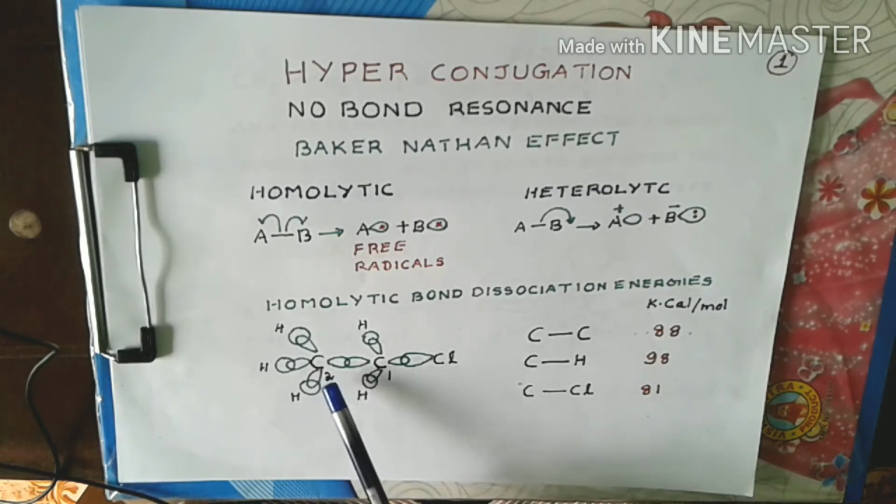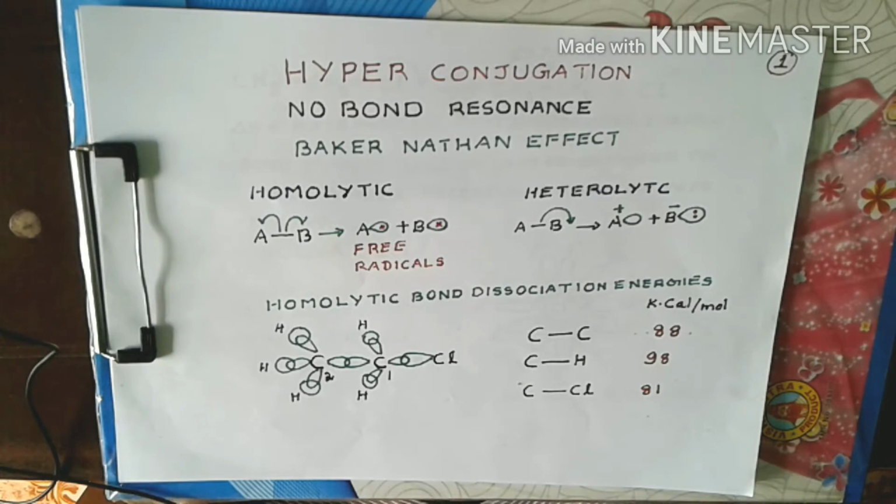Now between C1 and C2, two hybrid orbitals of carbon overlap, and between C1 and Cl, the overlap is between a hybrid orbital of carbon 1 and a 3p orbital of chlorine. The 3p orbital of chlorine has a lower electron density and a longer length.